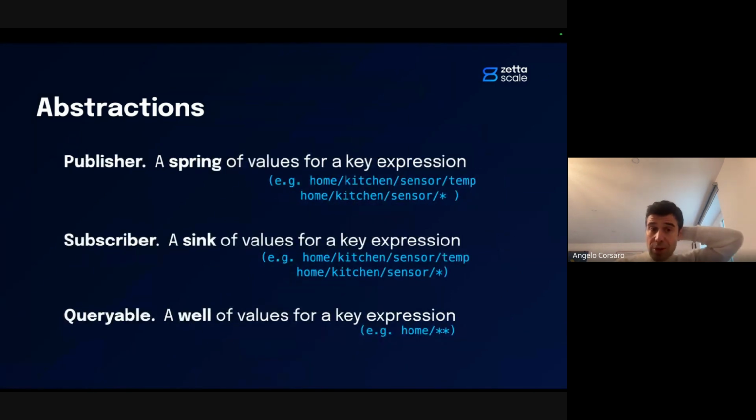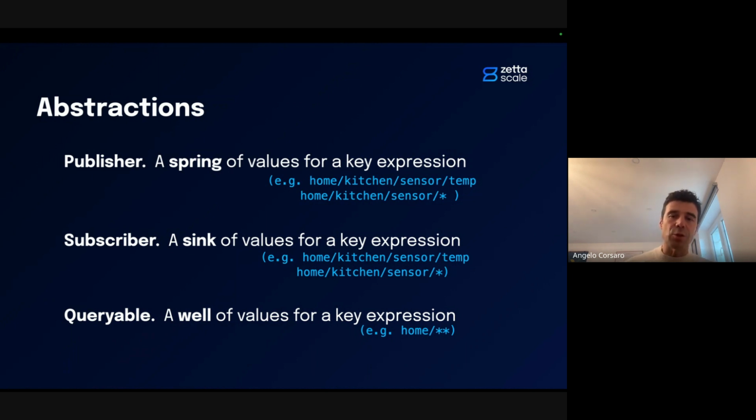So in terms of abstractions, in Zenoh, really, there are three things that are visible on the network to some extent, okay? One is the publisher. And again, a publisher is actually not something that is compulsory in Zenoh. You don't need to declare a publisher like in DDS in order to start producing data. It's sufficient to just open a session and then you can produce data.